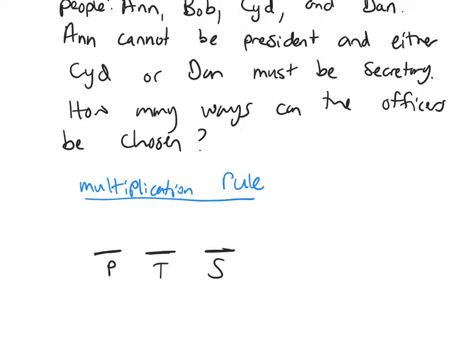Ann is not allowed to be president, so there are 3 choices for president. Whoever's chosen for president can't be chosen for treasurer, so now there are 3 options for treasurer. And secretary is either going to be Sid or Dan, so there are 2 options, and that's 18. So it looks like there are 18 ways, but I'm going to tell you that this is incorrect.